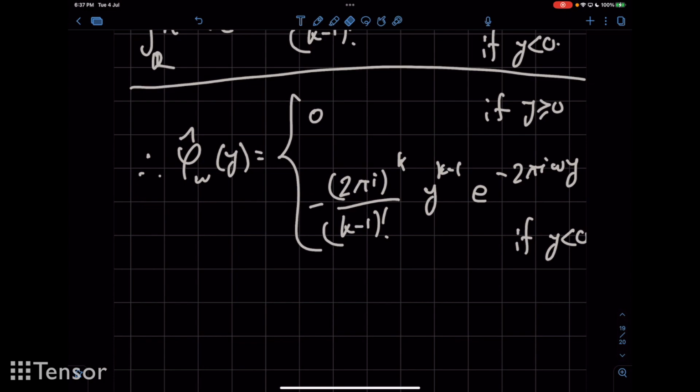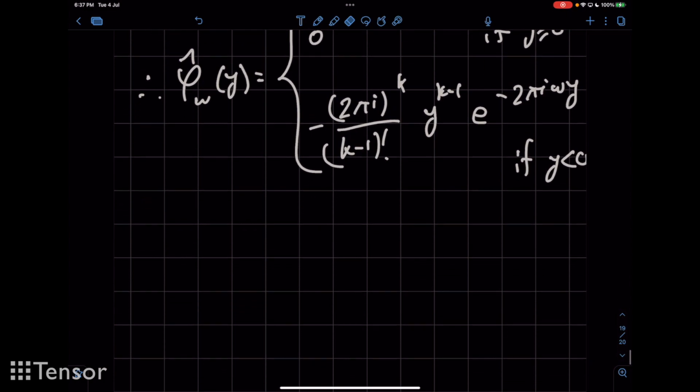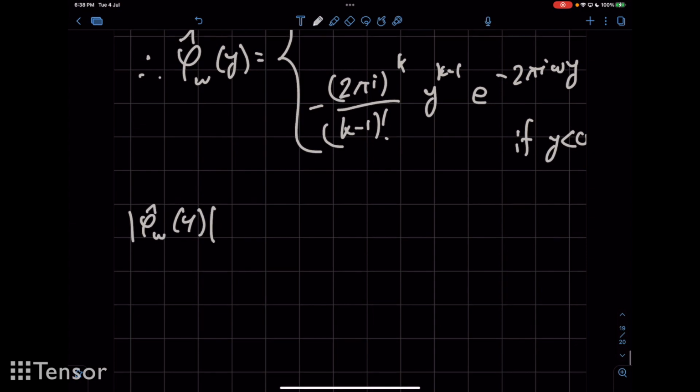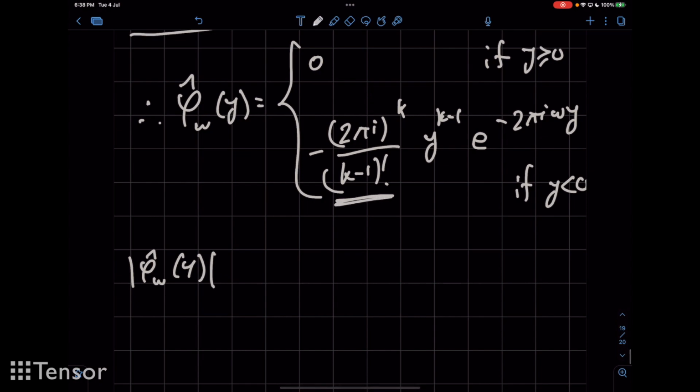Well, let's see. What is its absolute integral? Well, this is a constant term, so we are going to ignore it for now.